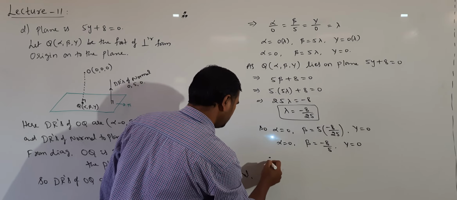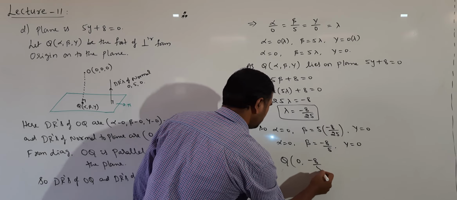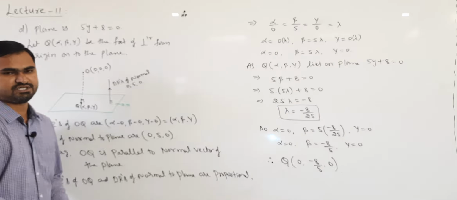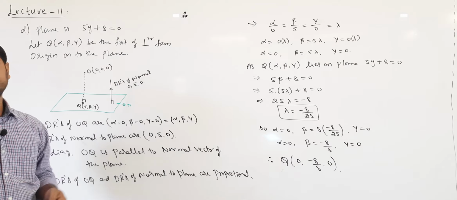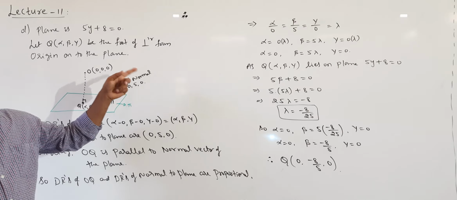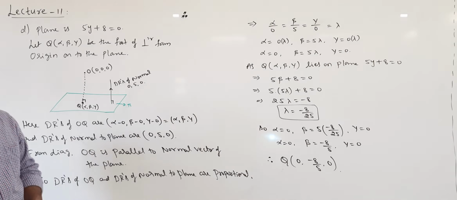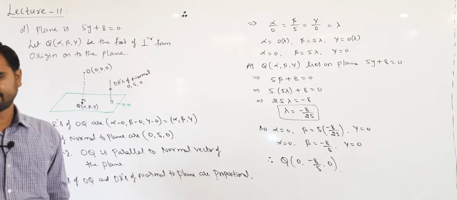Therefore the foot of perpendicular Q is (0, minus 8 by 5, 0). Understand? So this model is important. A compulsory question is expected based on the foot of perpendicular drawn from a given point onto a given plane. So try to solve the remaining questions on the foot of perpendicular.